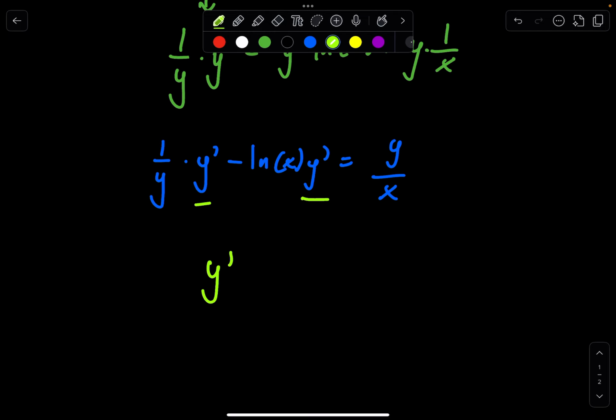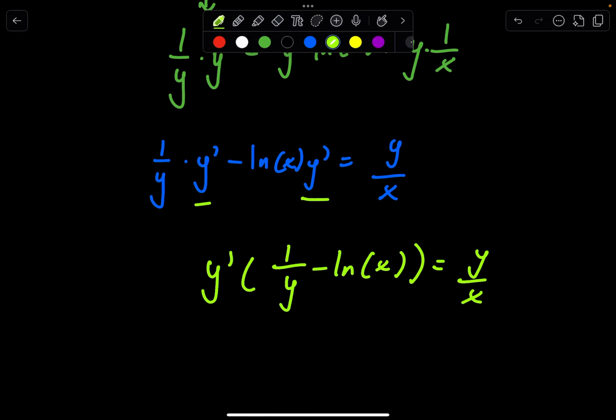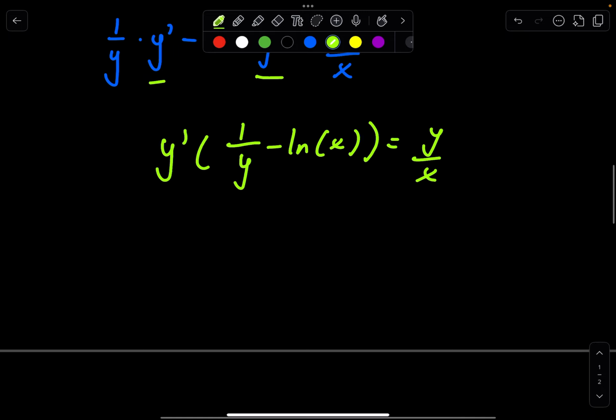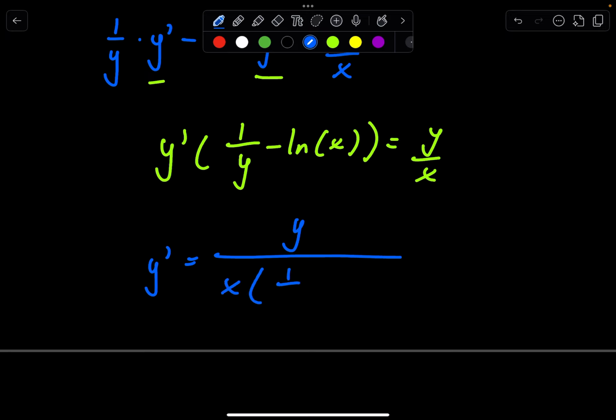We're going to get y prime times 1 over y minus ln of x is equal to y over x, just like that. Now, we can divide on both sides to get our answer. y prime is equal to y over x times 1 over y minus ln of x, just like that.